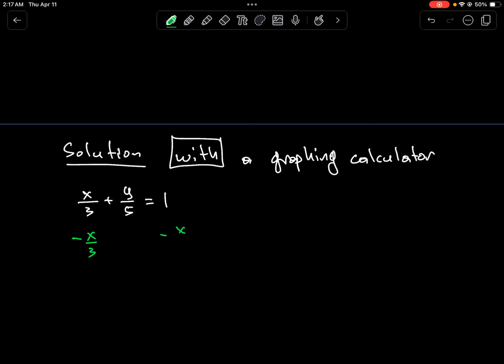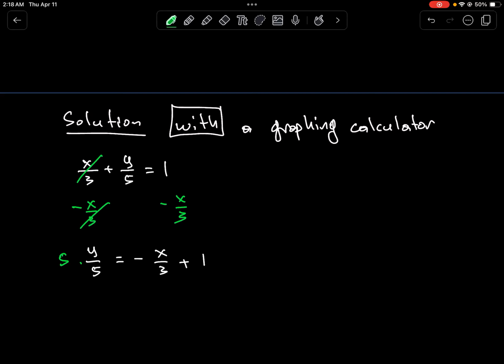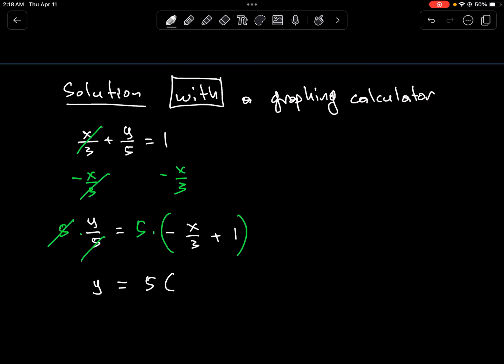Y is still not isolated, so the same second step as before. I have to multiply times 5, and I also have to multiply the entire right hand side by 5, so I use a parenthesis. 5 over 5 is 1. 1 times y is y equals 5 times the parenthesis. Let's rewrite it.